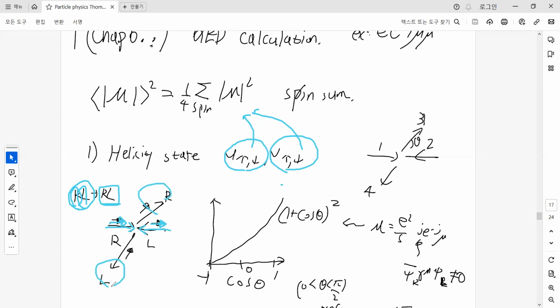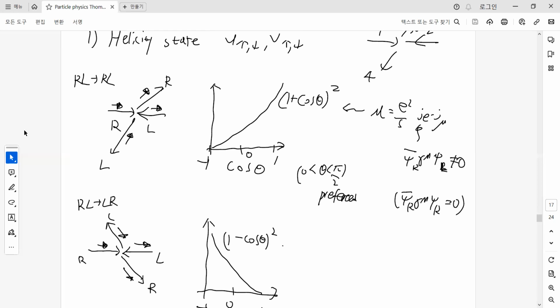If we calculate RR going to RR, then by momentum conservation, it prefers theta smaller than pi over 2, with the factor 1 plus cosine theta squared. For the helicity flip process, RR going to LR, it prefers theta larger than pi over 2 and less than pi, to satisfy angular momentum conservation. This is the initial particle angular momentum, and if the arrow goes like that, then it prefers backward scattering.